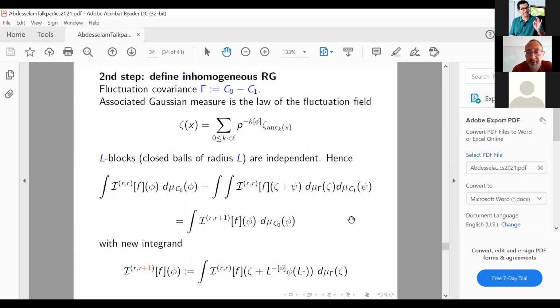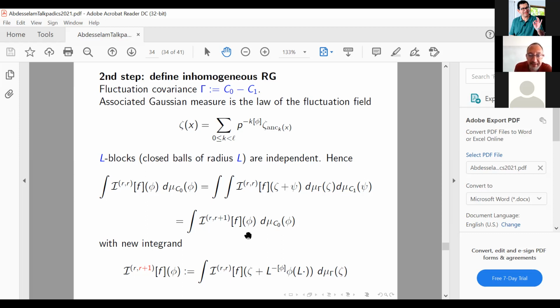And what I'm going to do is integrate over the fluctuation field zeta. When I do this, I will get an integral over psi, but for psi I can do a change of variable and rescale back to the unit lattice. So we write this integral over psi as a new integral over a field with the same measure d mu c0.